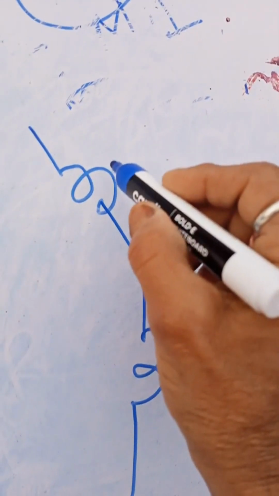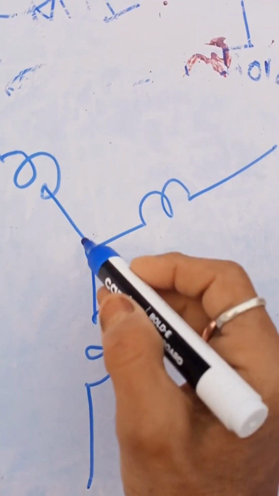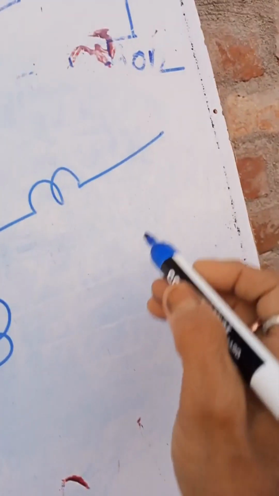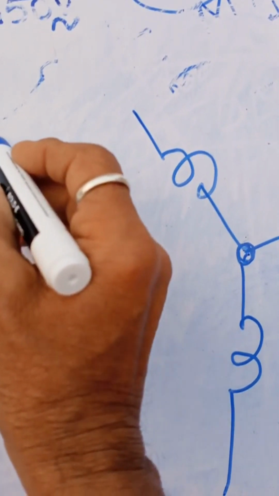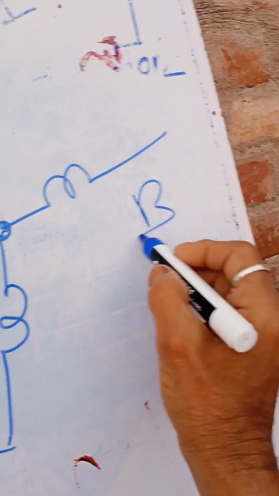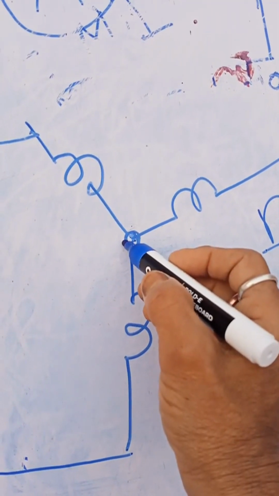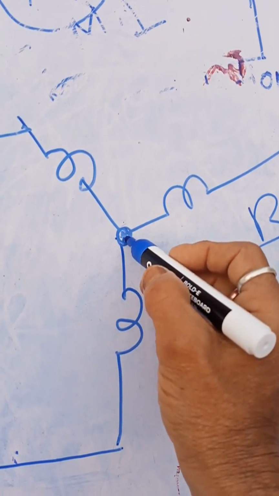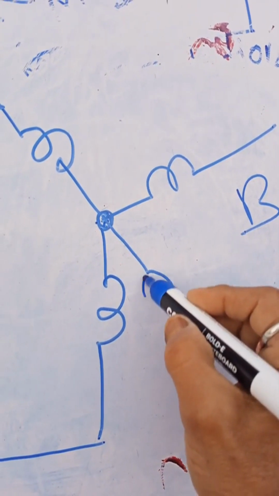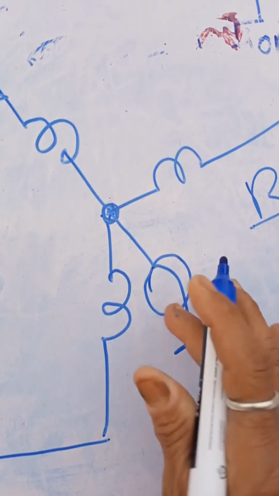Say this is lamp 1, lamp 2, lamp 3. This is called the star point. We are giving the connection here: this is the R connection, this is the Y connection, here is the B phase, and this is the star point. We can measure the neutral current here.